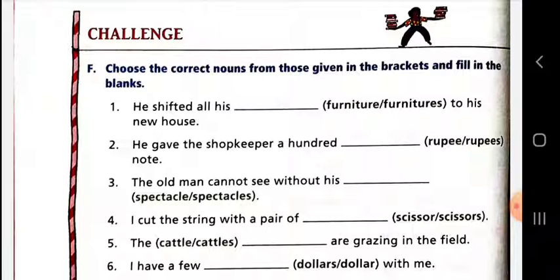The exercises which are tough for you, which seem that you cannot solve, don't worry, I will help you in our next video. I will tell you the answers of all the exercises.